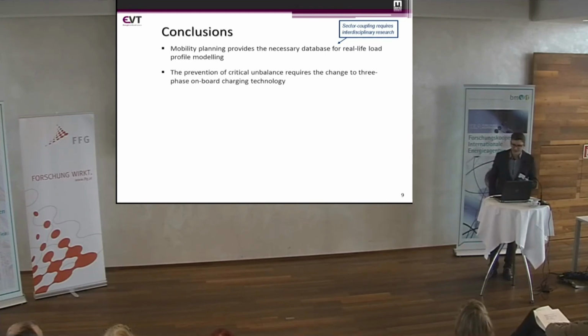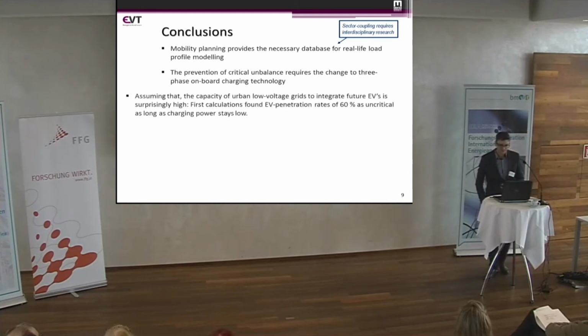Conclusion number 2, the prevention of critical imbalances requires free-phase charging technologies for future EVs. As long as free-phase charging is guaranteed and the power of charging is not too high, we found out that relatively high penetration rates seem to be uncritical. What we have investigated was only an urban standard grid. This one has to be taken into account.